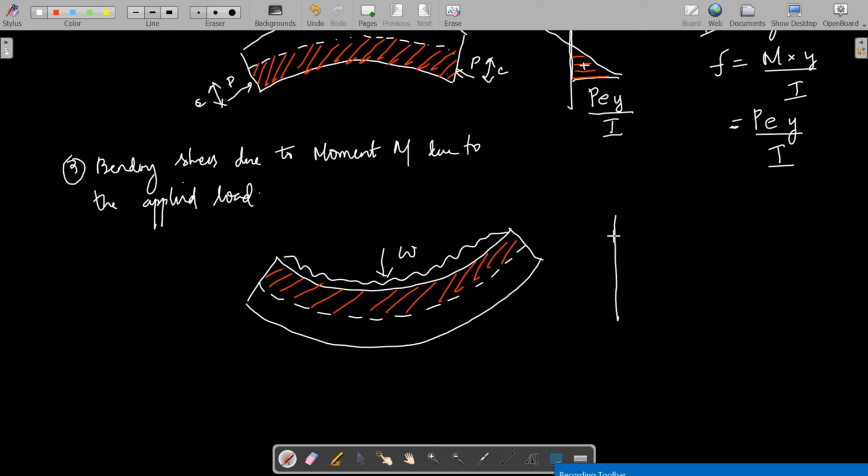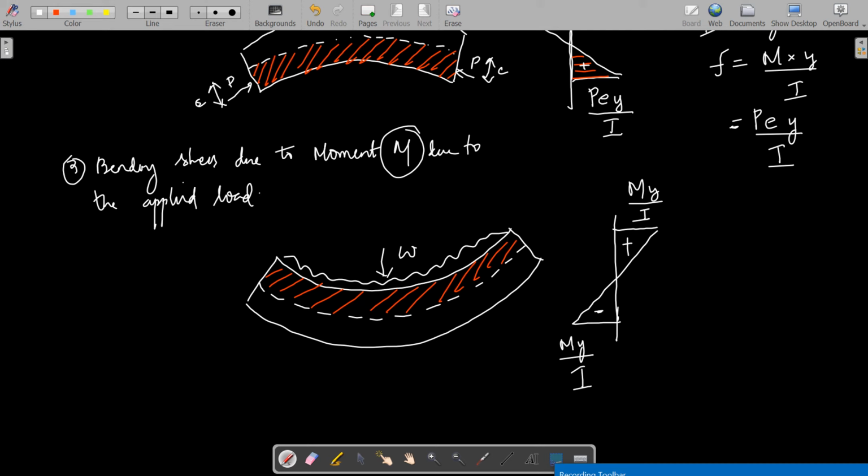At the top it will be compression, and at the bottom it will be tension, that is negative here, positive here, and that will be the applied moment, that is M into Y by I. That M varies according to the section. That's why I have written at the beginning Mx. So here also M into Y by I, Y being the depth of the fiber being considered from the centroid.